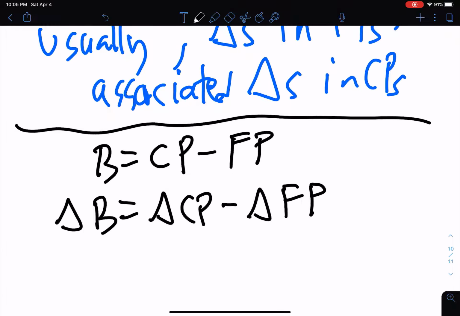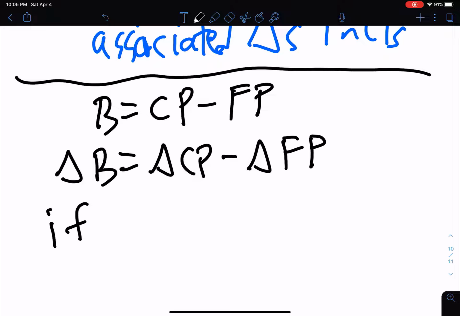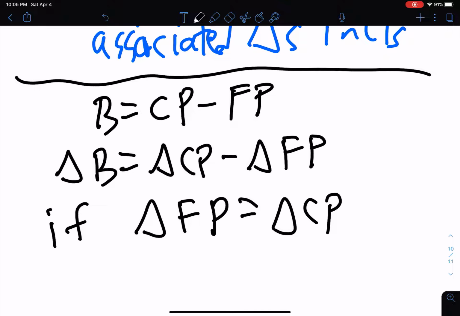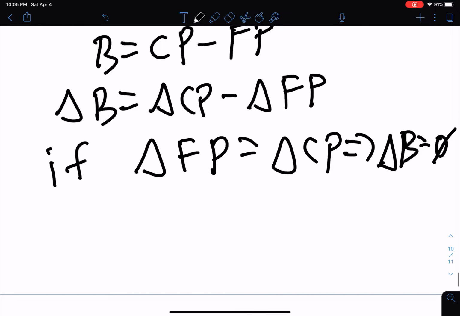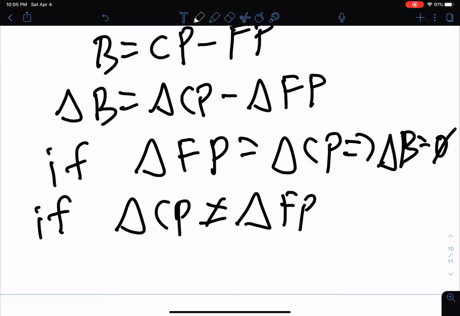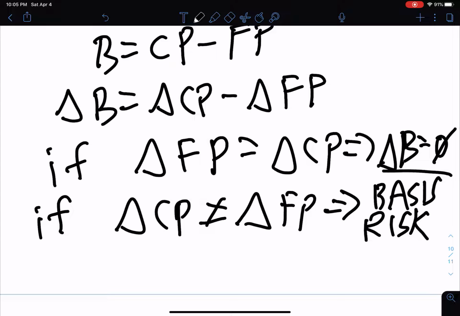If the change in the futures price was equal to the change in the cash price, then that would imply the change in the basis would be zero, right? If, on the other hand, the change in the cash price does not equal the change in the futures price, the implication is we've got a new source of risk, and that implies the existence of basis risk.